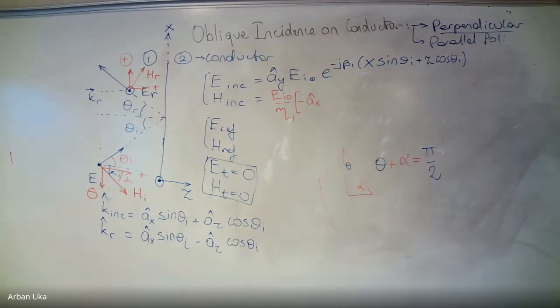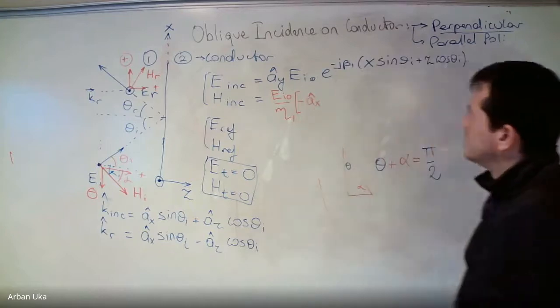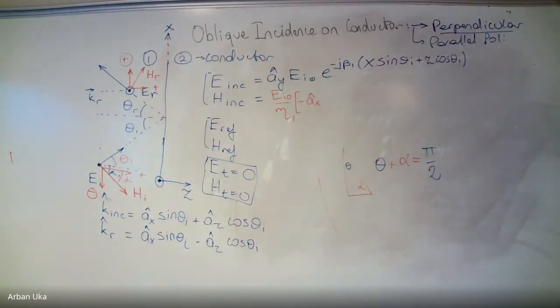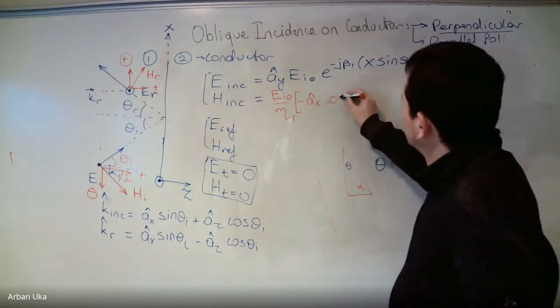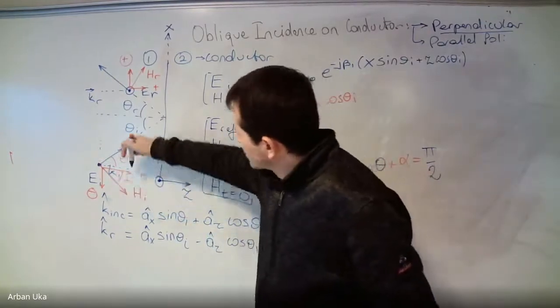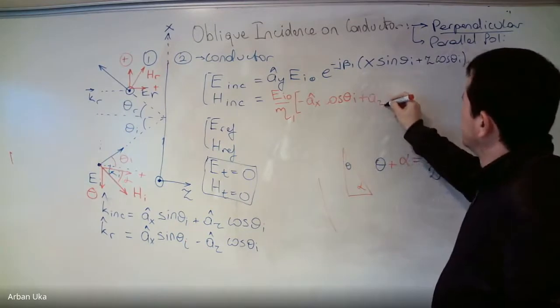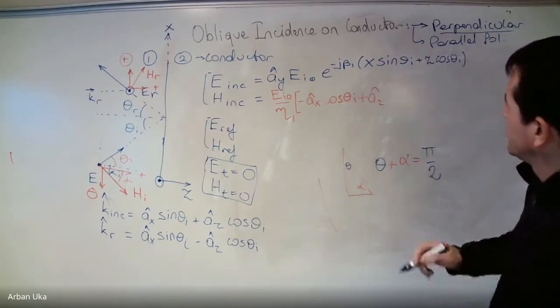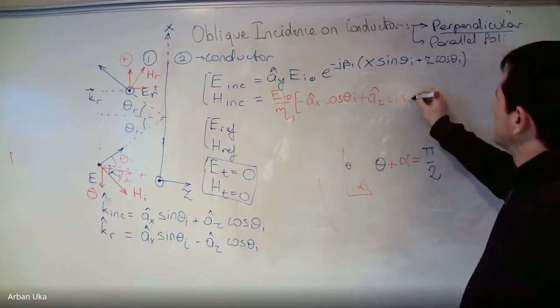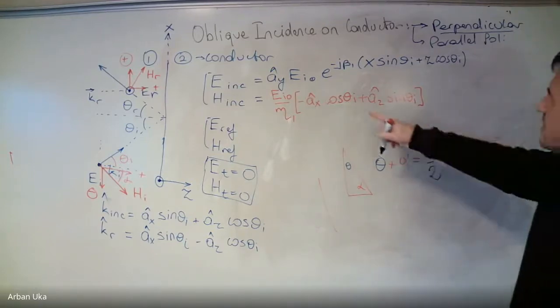So here we have cosine theta I along x, and then we have also this component along the z-axis, plus AZ times sine theta I. This is just the amplitude.